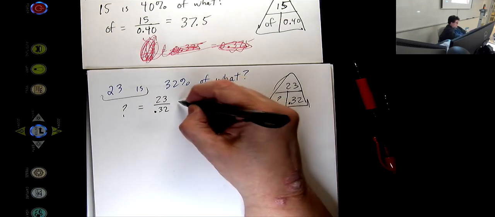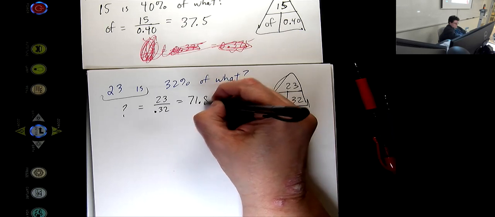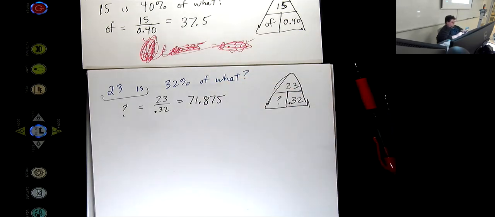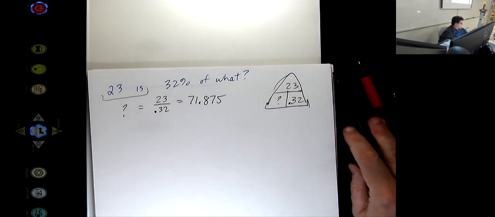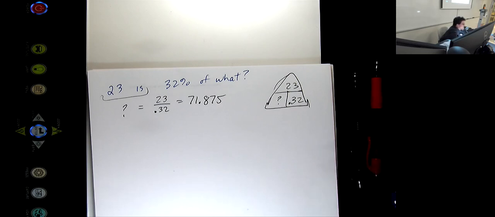And I got 71.875. And I think all I'm gonna be able to do is get started on the word problem, so maybe we should wrap it there. Call it a wrap. Yeah, it's fine.